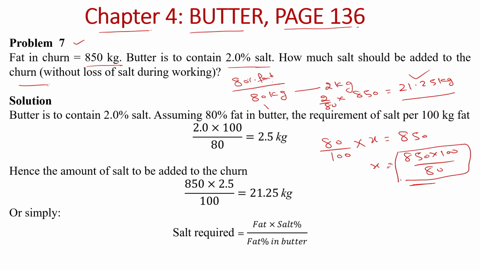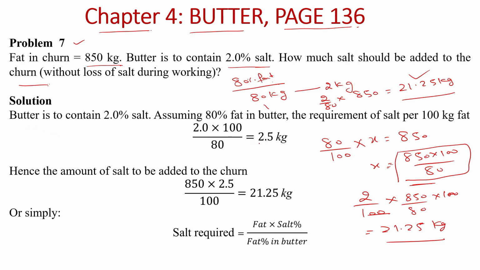Now for its 2%, we have to calculate. So 2% of 850 into 100 divided by 80, and again this is equal to 21.25 kg. It is the same calculation, just a different way.